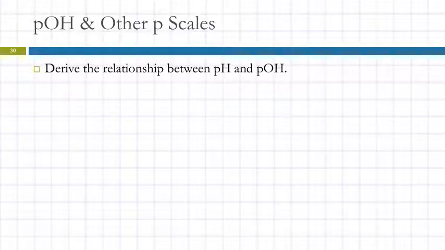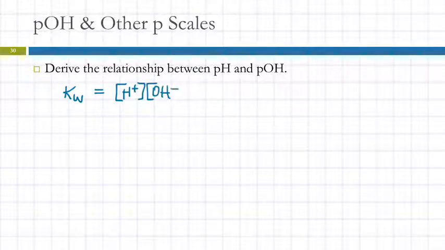So let's derive the relationship between pH and pOH. Well, our starting point is going to be that relationship where we know that Kw is equal to the hydrogen ion concentration times the hydroxide ion concentration, right? And that equals 10 to the minus 14.